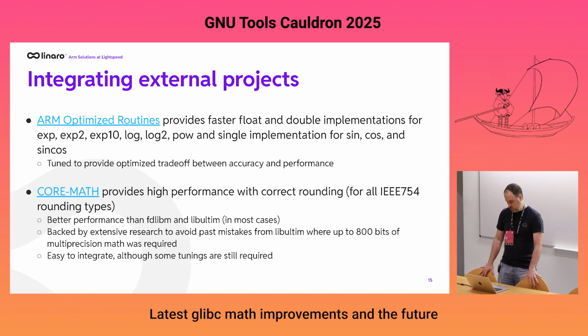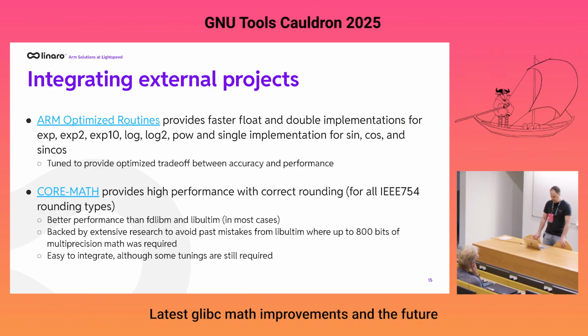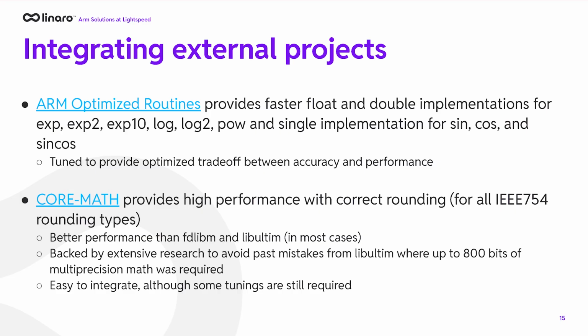You need to do some multi-precision work to do the correct rounding phase. So it's a trade-off that we are still discussing on the mailing list, whether we should do it or not. But at least both libraries are easy to integrate into different projects. They are quite isolated, so we can do it symbol by symbol.